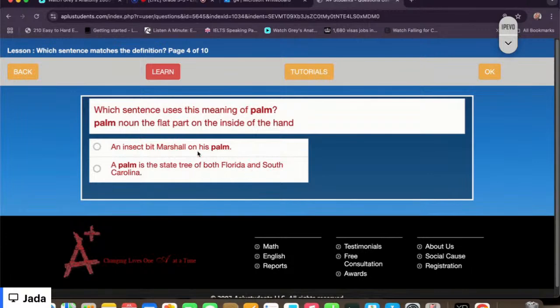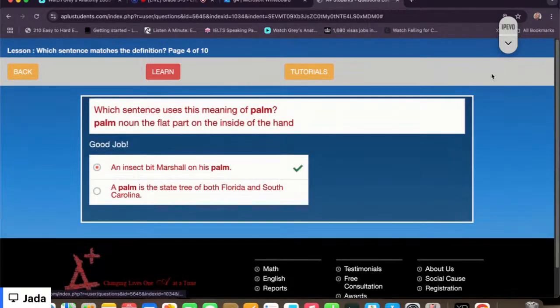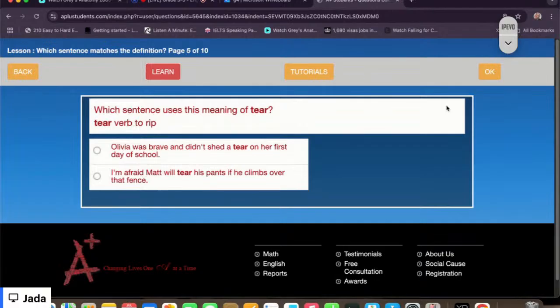All right, so we have an insect bites Masha on his palm. Okay. Tear, verb, to rip. Which of them, first or second?